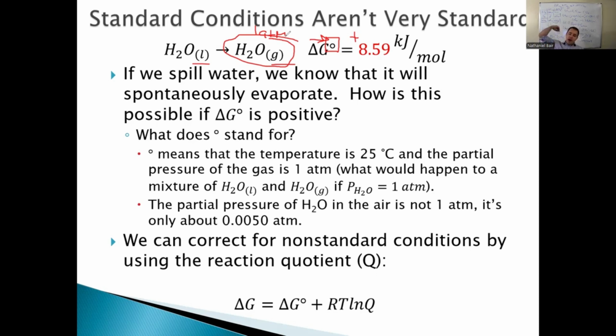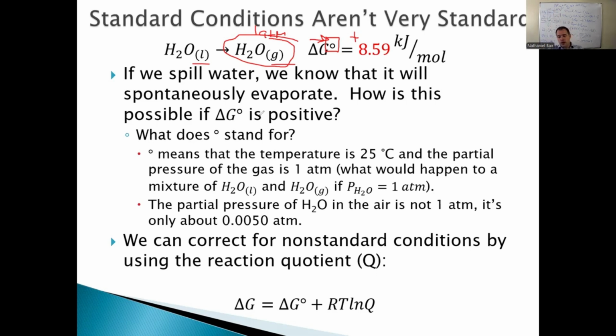That's 1 atmosphere of air, the total pressure of air, which is a mixture of gases, which has a tiny, tiny amount of water vapor in it. It's not 1 atmosphere of just pure water vapor.